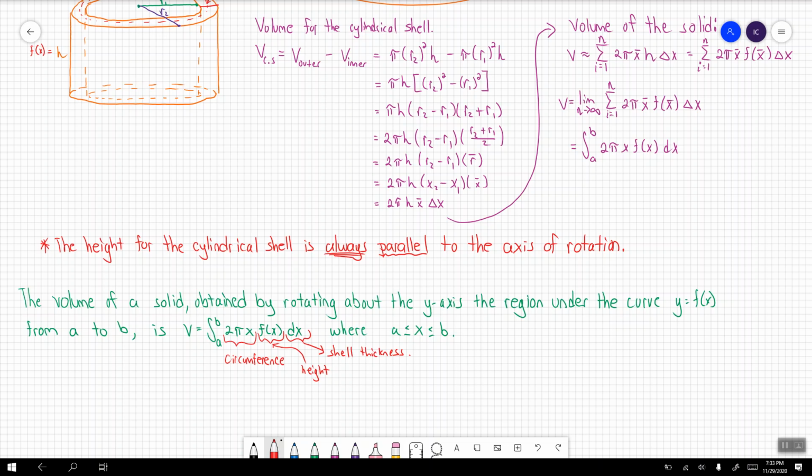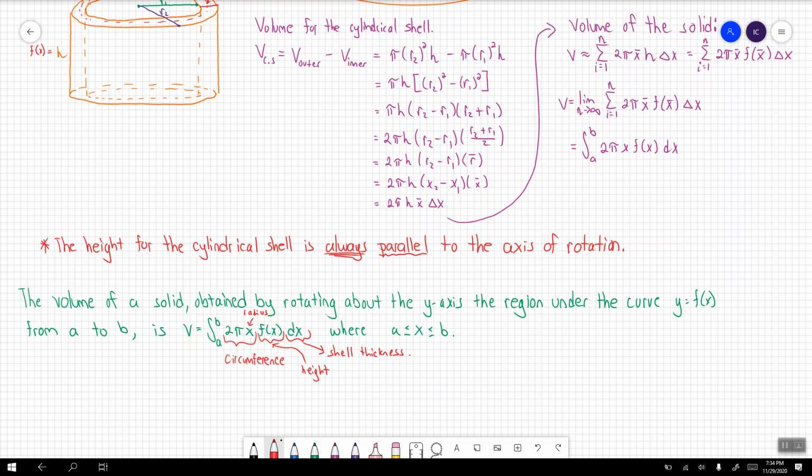So we have these 3 different pieces. Typically, we don't look for that last piece because the shell thickness is always going to be dx. But we do look for the circumference and the height for this shell. The circumference is based upon the radius that we need to look at for this shell.